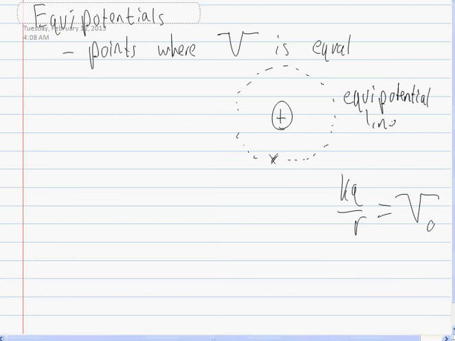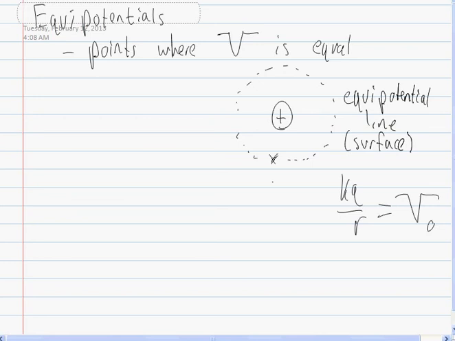line. Sometimes they call them surfaces because really, if they're in 3D, they'll have more of a contour than a line. But that's okay. So all of the points in the dotted line that I drew all have the same value for potential. So that also implies something about the work done between them.